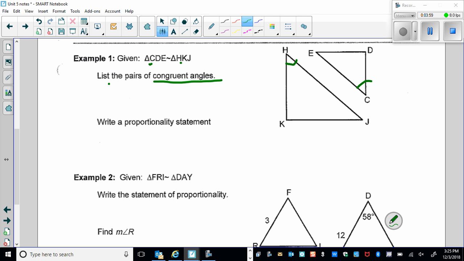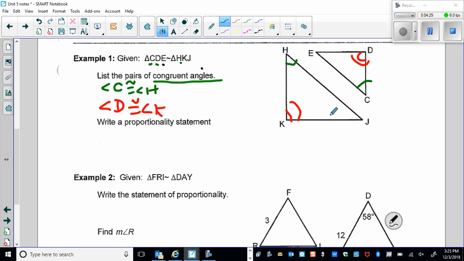So I can write down angle C is congruent to angle H. D is in the same location as K. So I can say angle D is congruent to angle K.